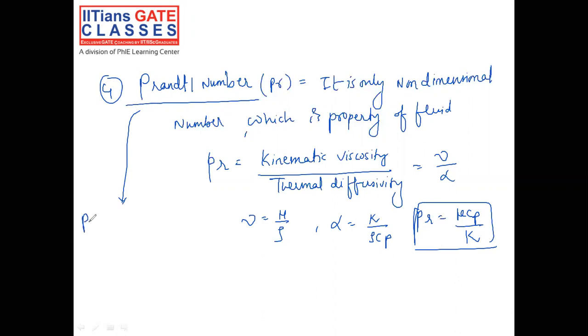Now, the Prandtl number signifies the relative magnitude of hydrodynamic boundary layer thickness and thermal boundary layer thickness.